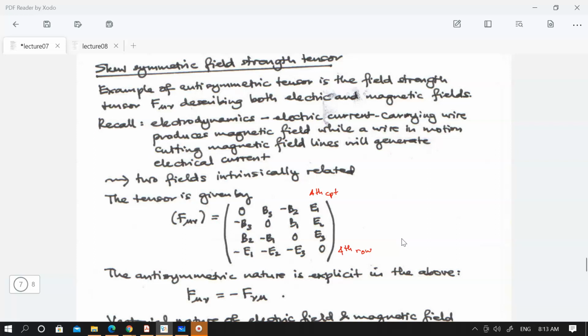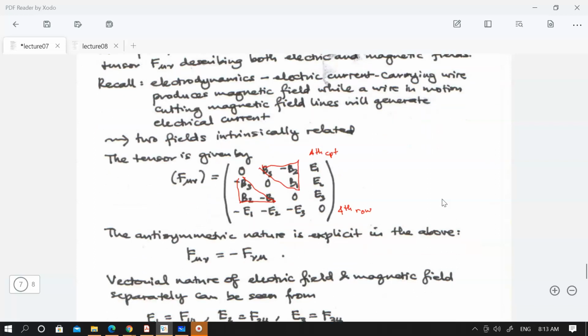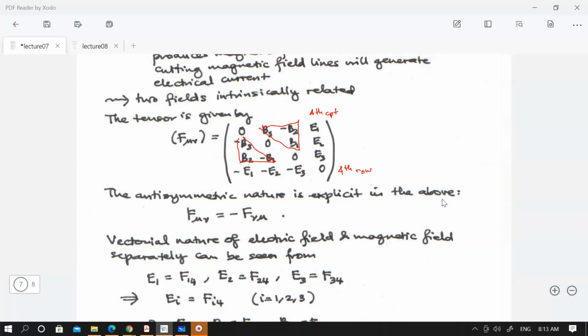The off-diagonal upper triangle is essentially your magnetic field, and the lower triangle here is also the magnetic field, and their relation comes from the fact that it's totally antisymmetric. We'll give this a definition later on when we talk about the classical fields. But for now, we are just introducing this as an example of a totally antisymmetric tensor.